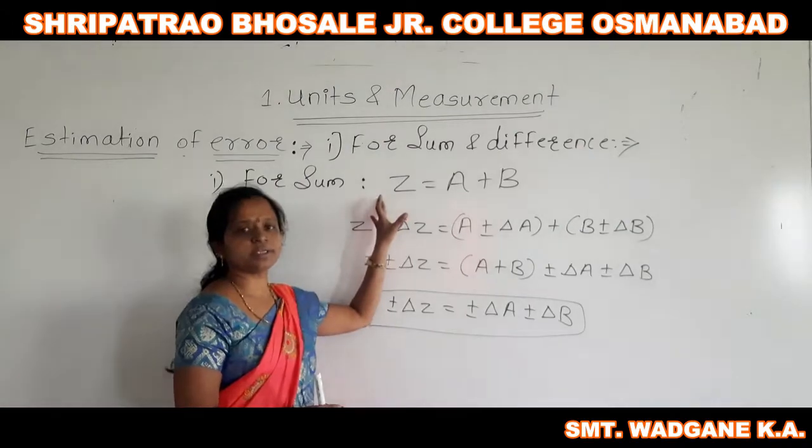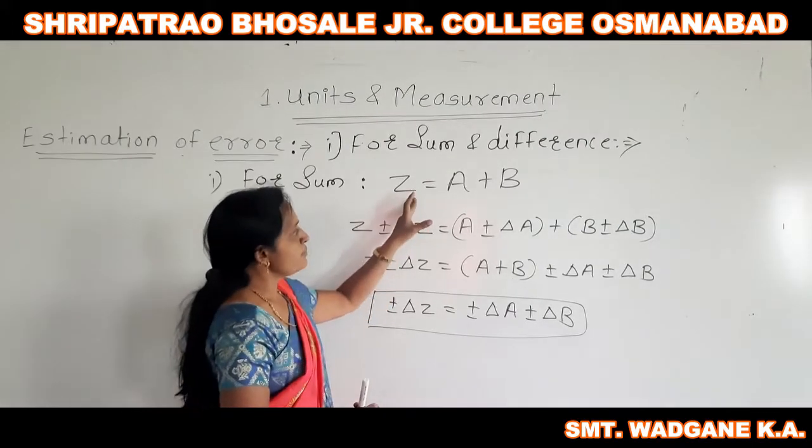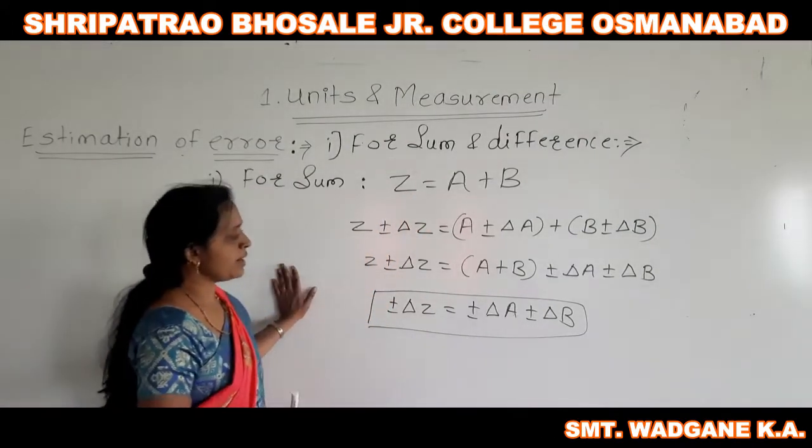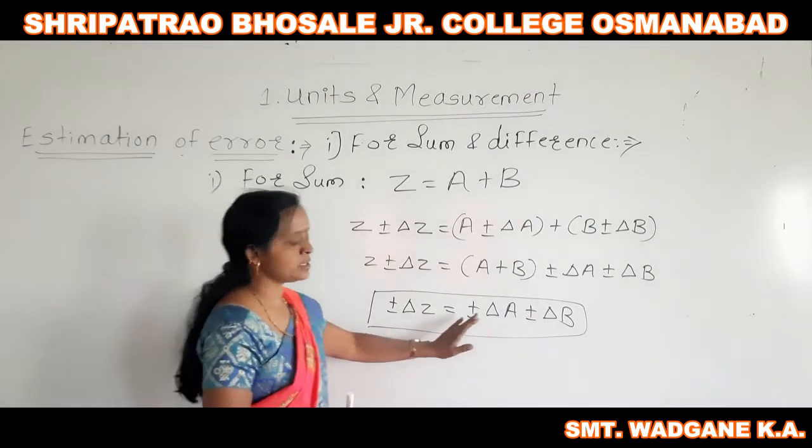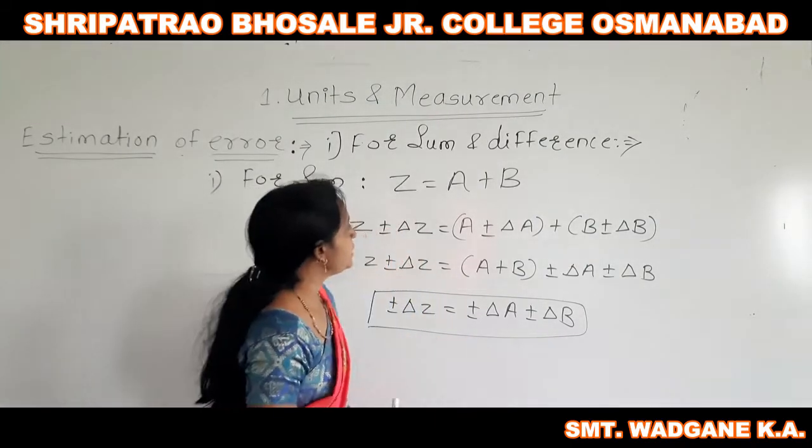When two physical quantities are taken in sum, the absolute error delta Z is equal to delta A plus or minus delta B.